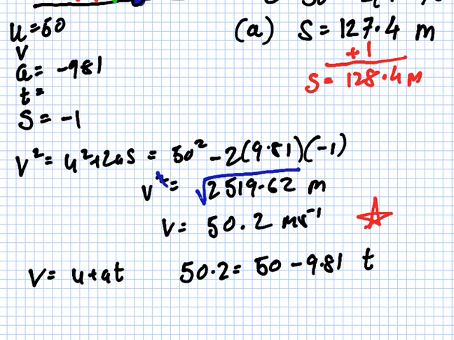When I take a square root, I have plus or minus. Which is the correct one? It's going down, so actually I should have put my V here as minus. Minus 50.2 minus 50 divided by minus 9.81. So now I get t equals 10.2 seconds.